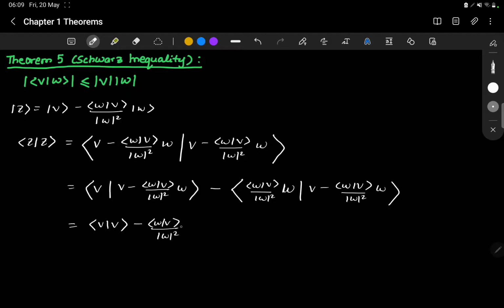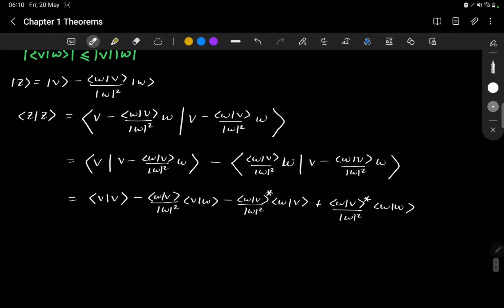So I'm just expanding it. So we have explicitly now expanded it and written down the 4 terms. So let us simplify it further.